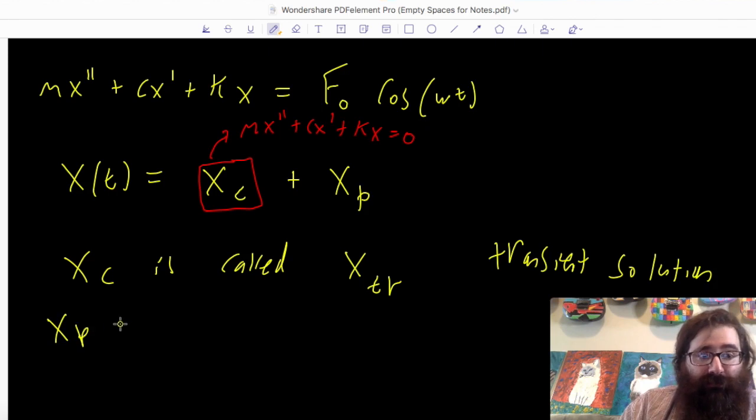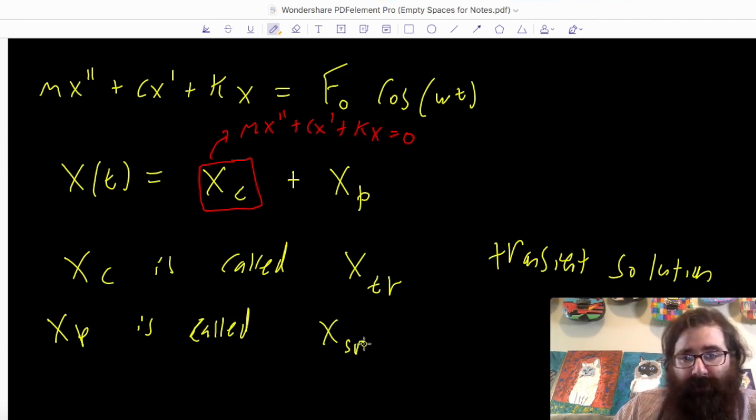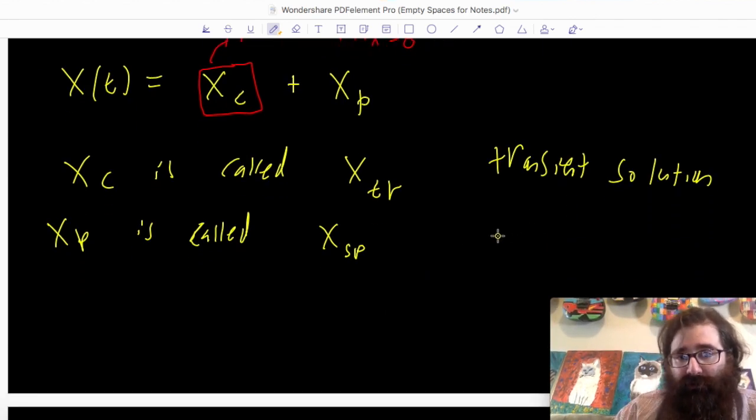And the particular solution, different sources call it slightly different things. Sometimes it's referred to as a steady state function. Our text refers to it as, and I'm more familiar with, x sub sp, a steady periodic function, which I think is a good way to call it.